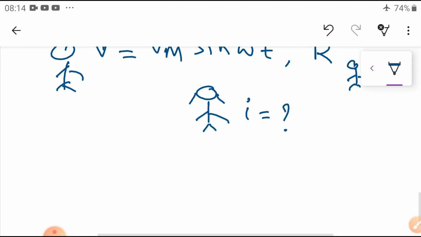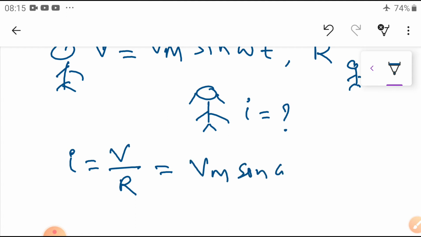Now, based on the father and mother, I can find that the current I is equal to voltage by resistance. What is the voltage? The voltage behavior is Vm sine omega t by resistance.